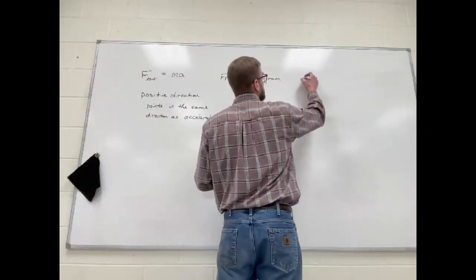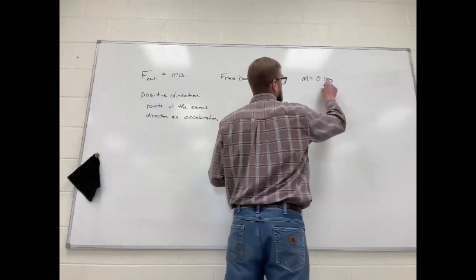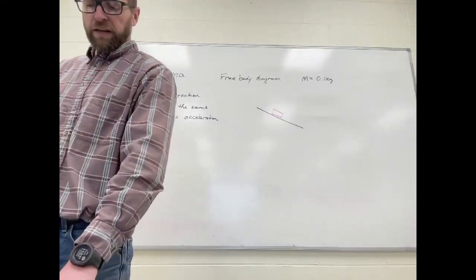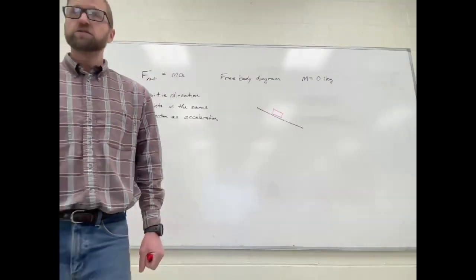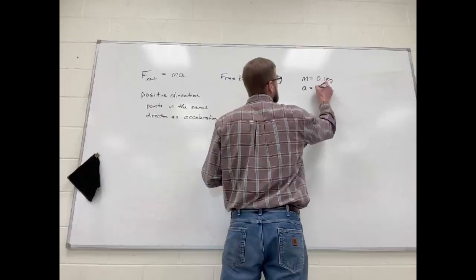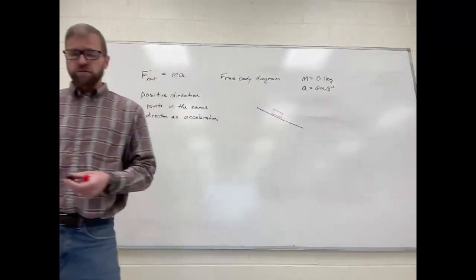The mass of the puck is 0.1 kilograms. And it's sliding down an incline with an acceleration of 2 meters per second squared. I'll list that too. Acceleration is 2 meters per second squared. Okay, so I've got those two things.